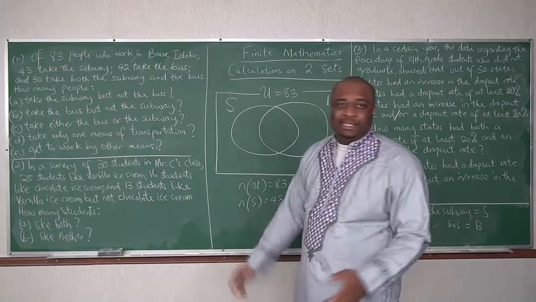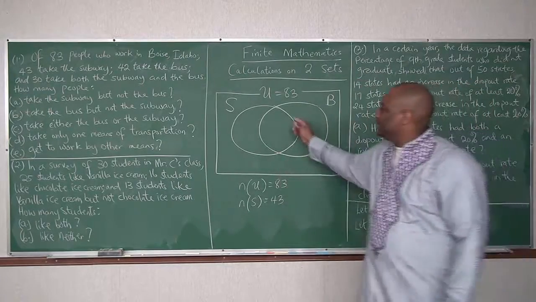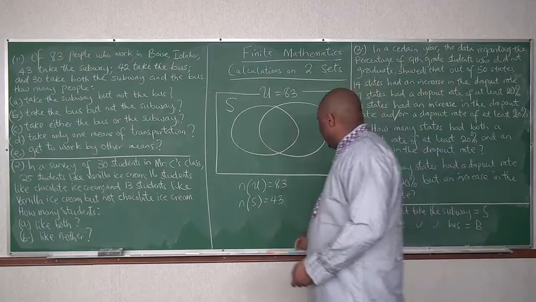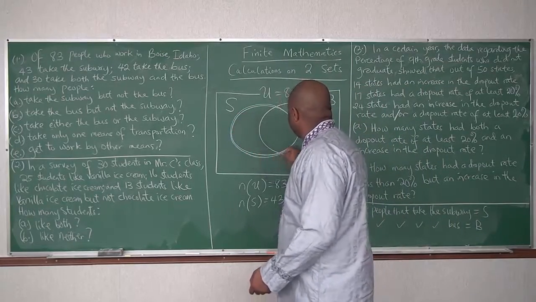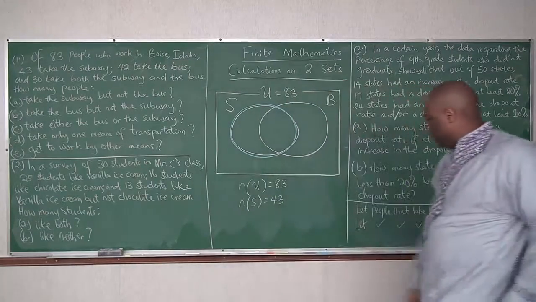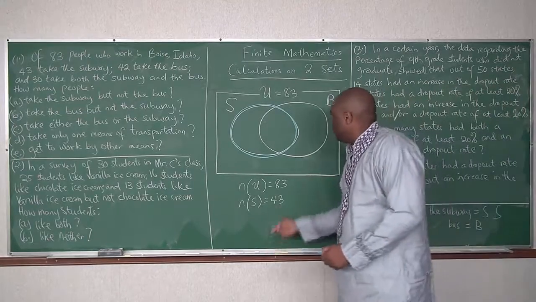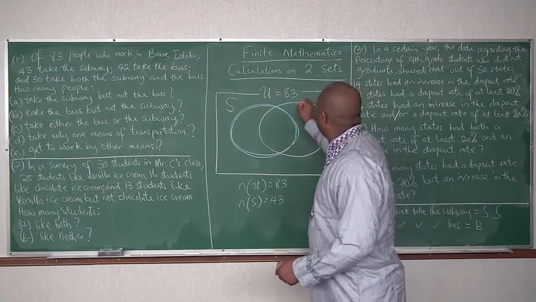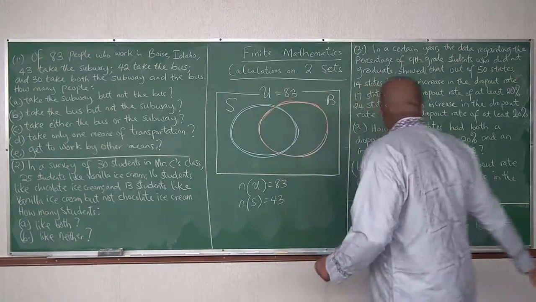But that doesn't mean it's subway only. No. This means people who take the subway. That is this entire circle here. Let me use this chart for subway, and then I'll use this chart for bus. Bus is this entire circle here. B.